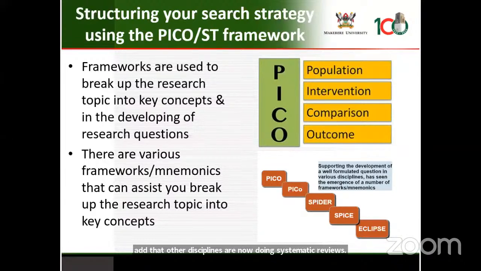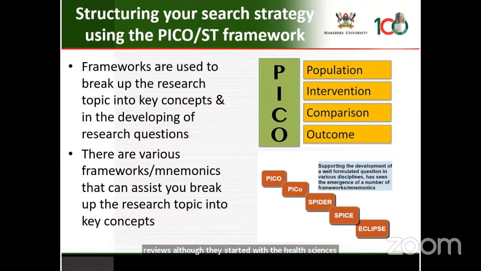Yes, we have actually conducted training at the College of Agriculture and Environmental Sciences here in Makerere. We have conducted training in CHUSS, the College of Humanities and Social Sciences, also in Makerere, which means other disciplines are also doing systematic reviews, although they started with the health sciences.